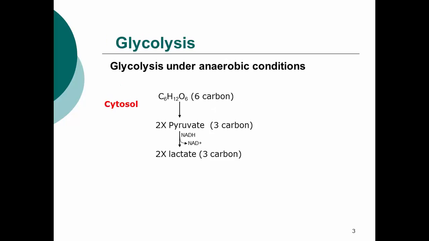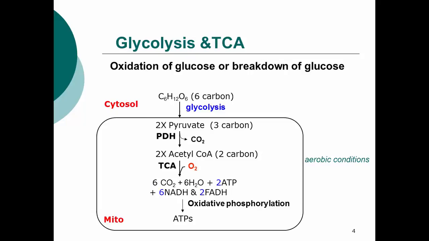Okay, now I think we talked about this, right? The anaerobic conditions usually occur in the cytosol, the end product is lactate, and it produces only 2 ATP from one glucose, versus glycolysis plus the TCA cycle for complete oxidation of glucose, right?